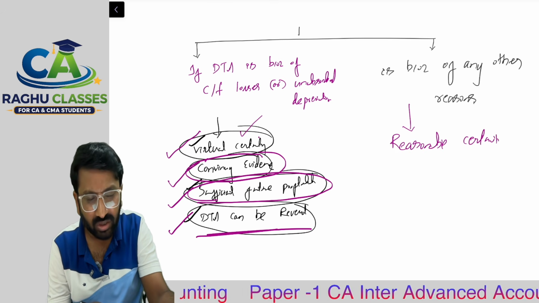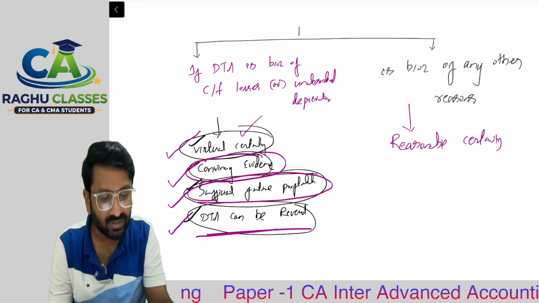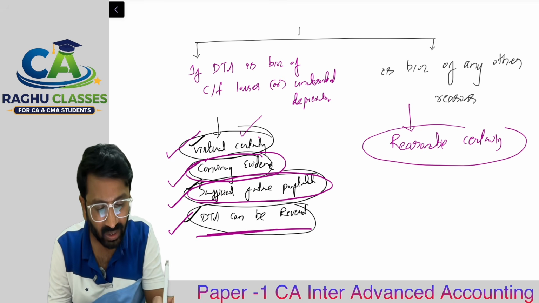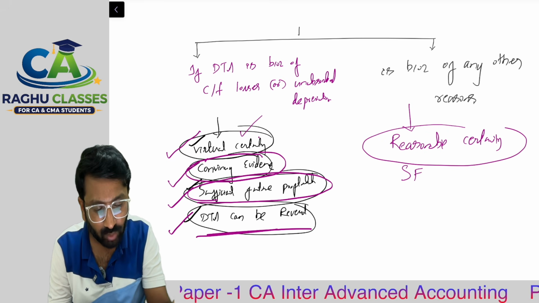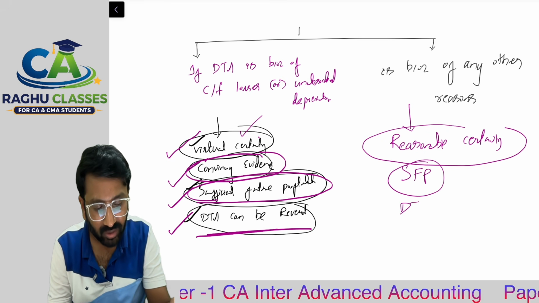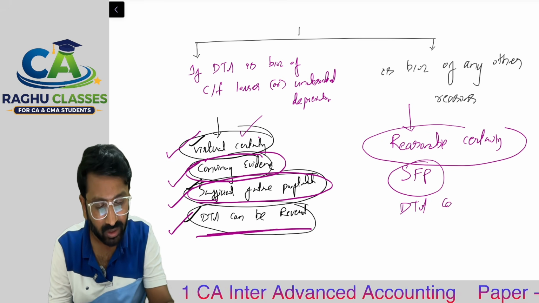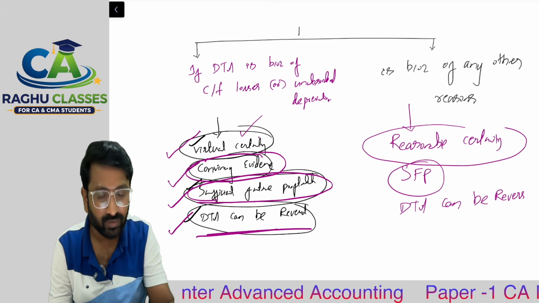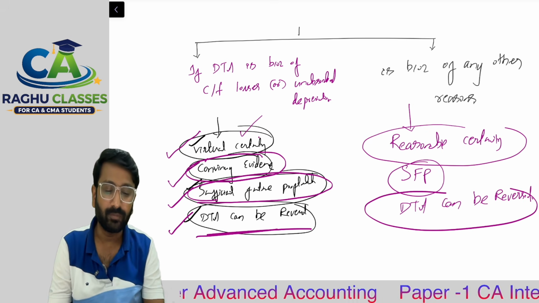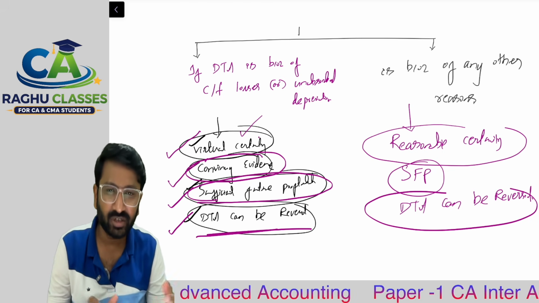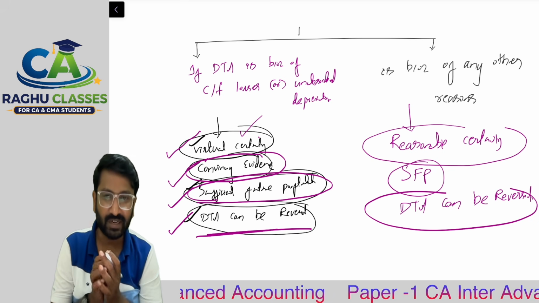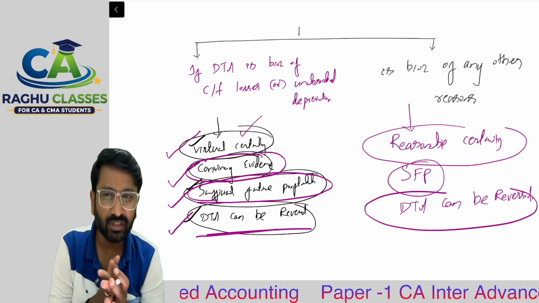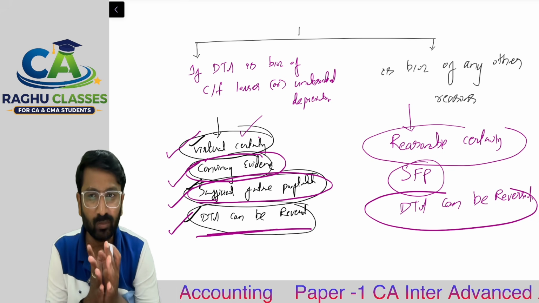And it does not demand even convincing evidence, simply reasonable certainty. And there should be sufficient future profit, and DTA should be capable of getting reversed in the future. Now, these are certain conditions which are to be satisfied if the organization wants to create DTA in their books of accounts.